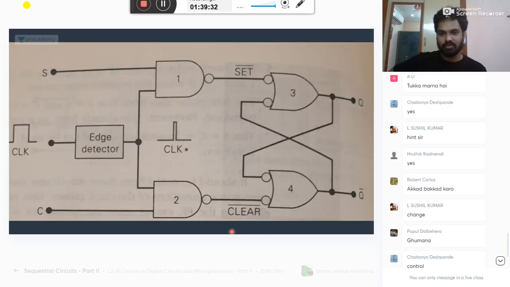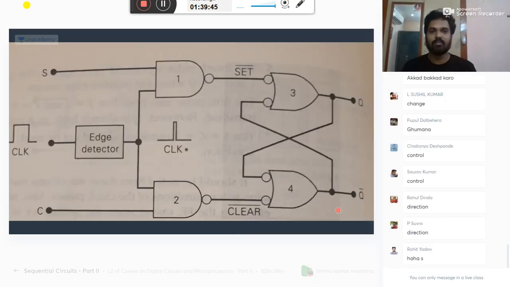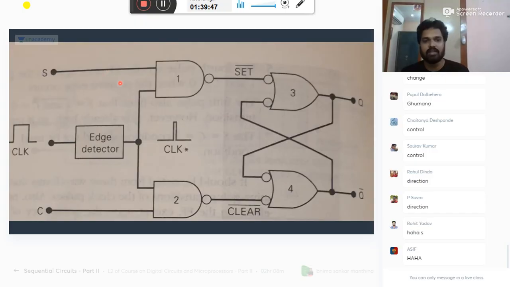Why is your doubt? Why? Okay, for example, if S equal to 1, you have clock here, and C equal to 0.